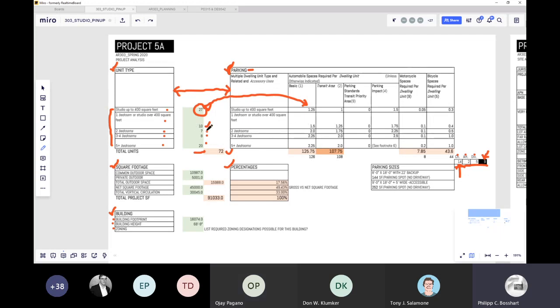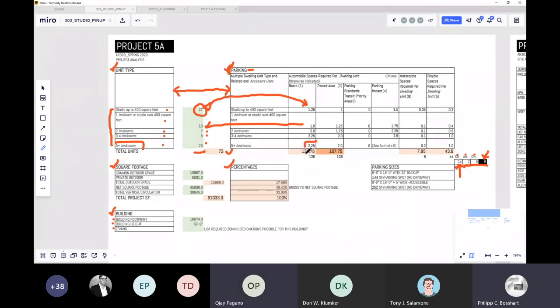So 1 bedrooms, 1.5, 2 bedroom, 2, and 3 to 4. And you can see that the 5 bedroom, in a way, is probably the most efficient in terms of parking.